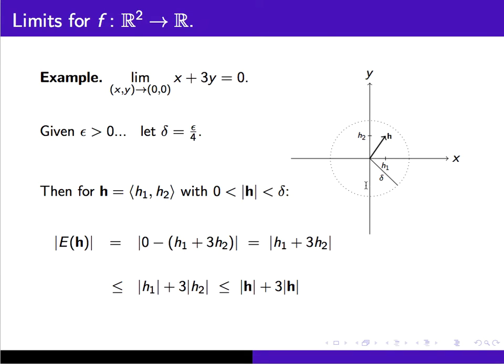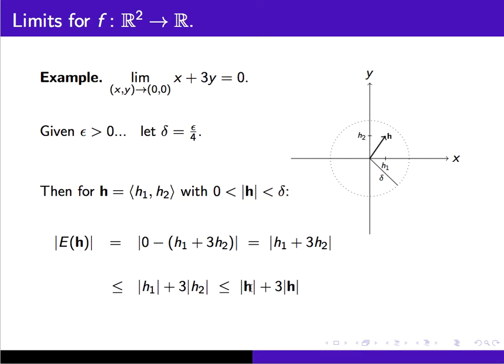Well, it's pretty clear that h1, which is the distance to the y-axis, and h2, the distance to the x-axis, are less than the magnitude of h. This is also easy to derive analytically, but this nice picture sort of explains why this is true.